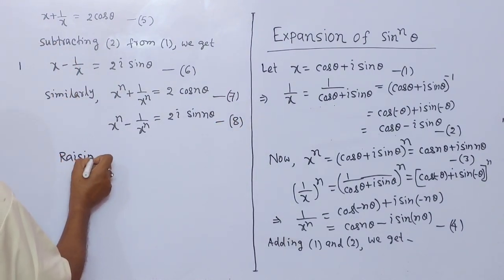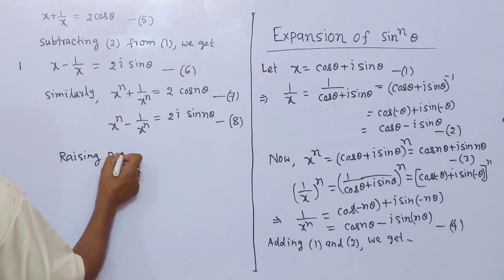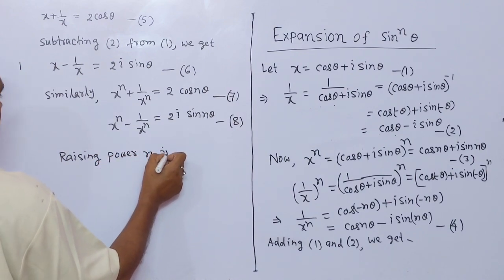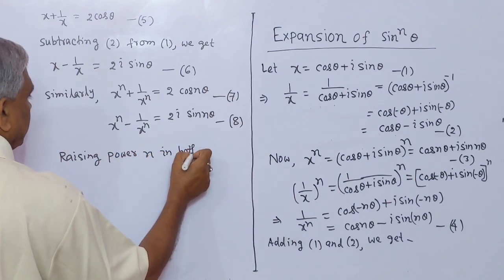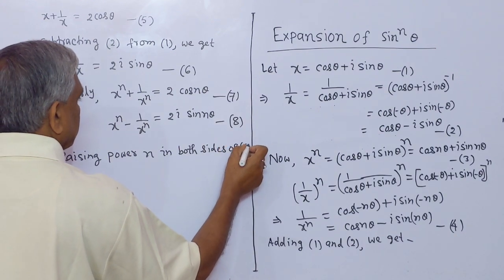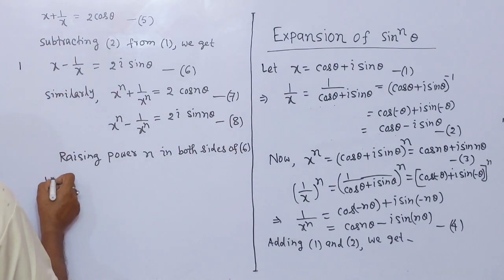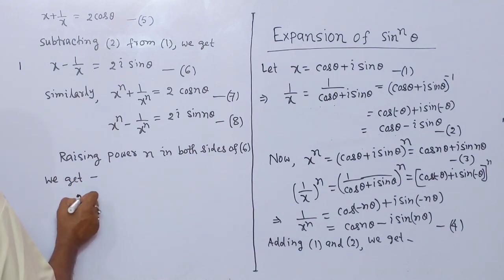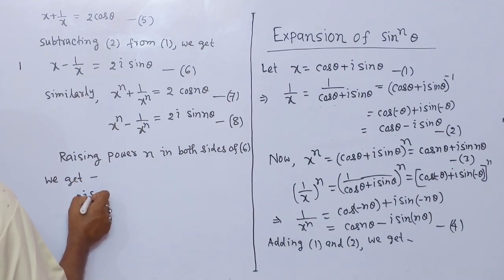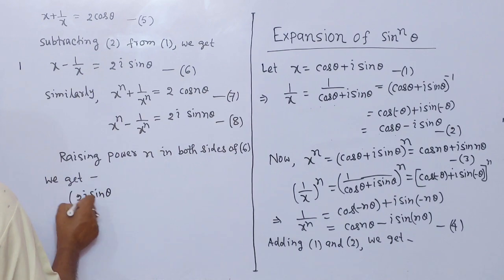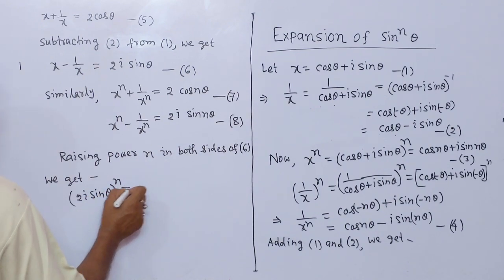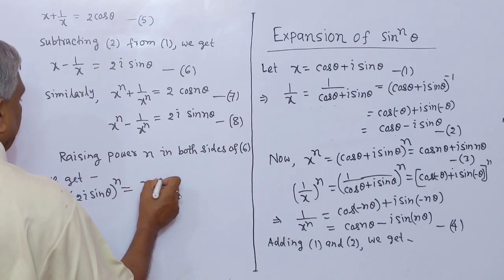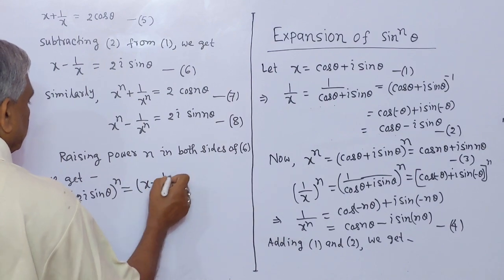Raising power n in both sides of 6, we get 2i sin theta whole to the power n equal to x minus 1 by x whole to the power n.